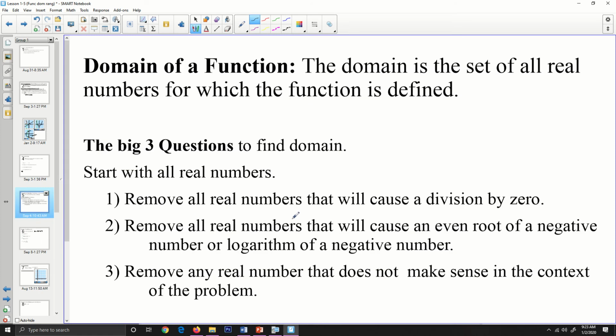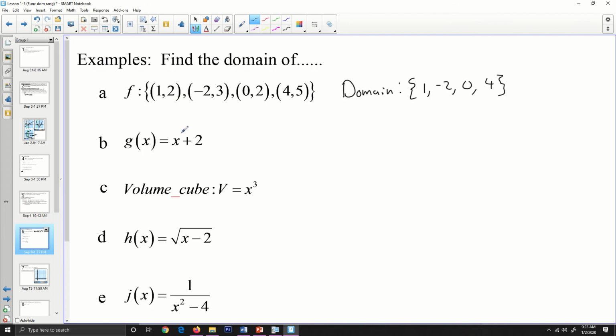Remove all real numbers that cause the even root of a negative number or the logarithm of a negative number. Well, this function doesn't have a root symbol or a logarithm symbol in it. So I can't throw out any numbers along the x-axis based on that. And in fact, any linear function has a domain of all real numbers.